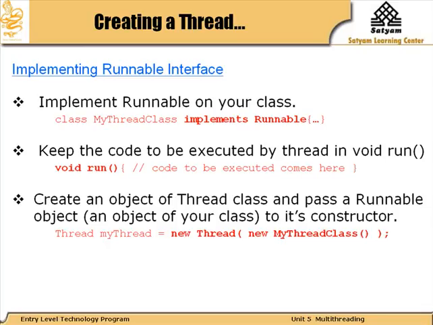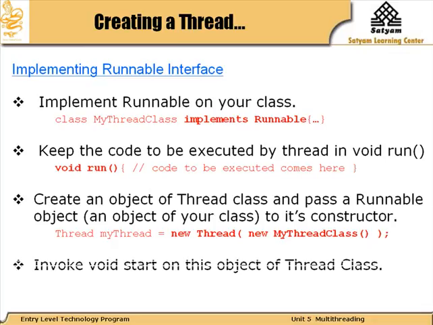Create an object of the thread class and pass a runnable object to its constructor, as you see here in this example. Thread myThread is equal to new thread new myThreadClass, where new of myThreadClass is a runnable object. And then invoke the start method.